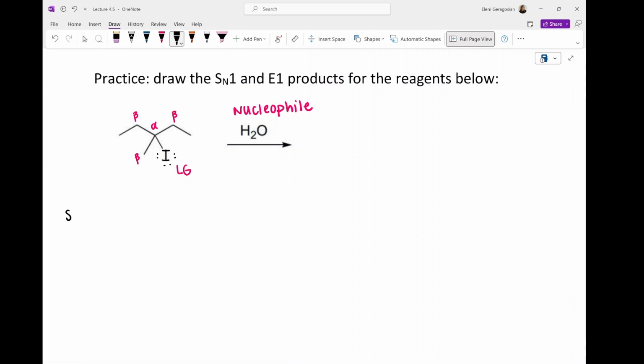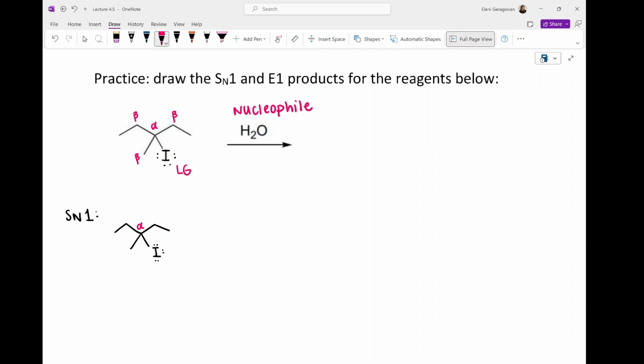here, and this will be our SN1 reaction mechanism, and we'll draw the products. So leaving group is iodine. Alpha carbon is bonded to the leaving group.